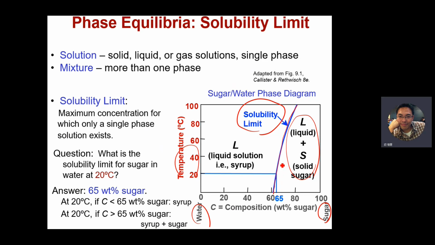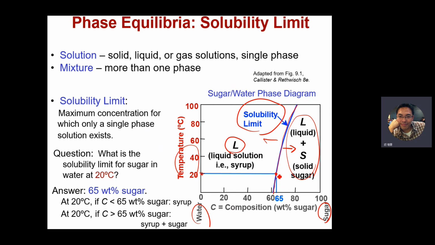One side of this solubility limit is two phase, coexisting liquid and solid. The other side of this solubility limit is single phase, only the liquid phase. Therefore, what's the answer to this question, the solubility limit for sugar in water at 20 Celsius? We can find it here.